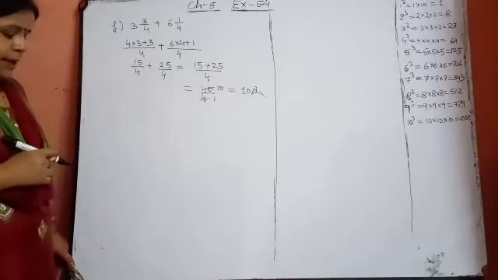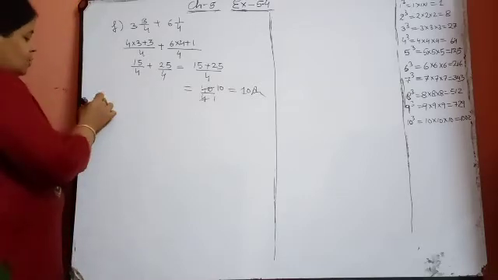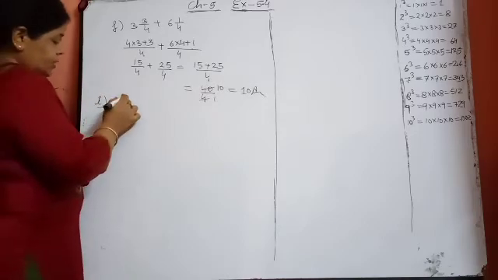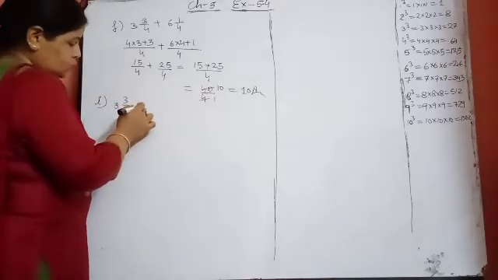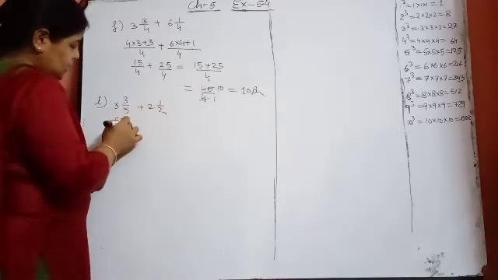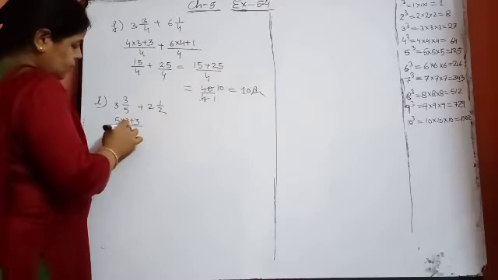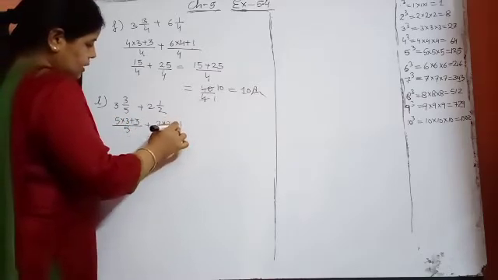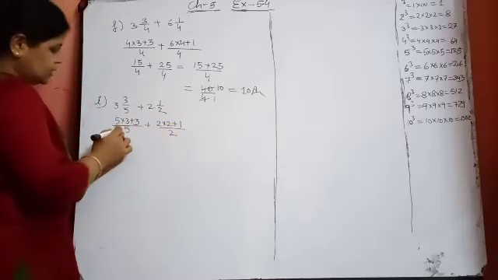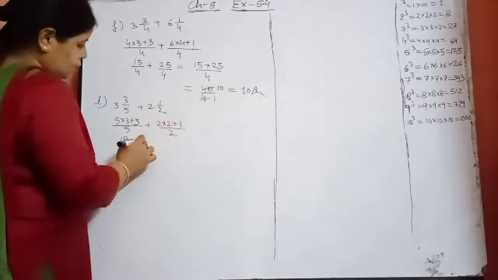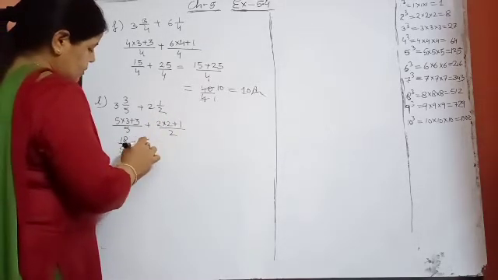And afterwards I part. Half of I part I am doing and the rest you will do yourself. 3 upon 5 plus 2 1 upon 2. How will you do it? 5 into 3 plus 3 upon 5 plus 2 into 2 plus 1 upon 2. 5 threes are 15, 15 plus 3 is 18 upon 5, plus 2 twos are 4, 4 plus 1 is 5 upon 2.